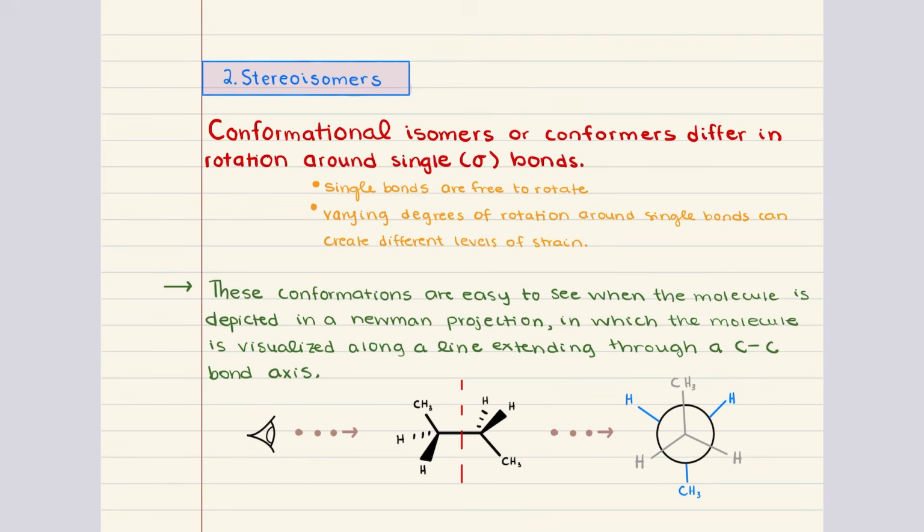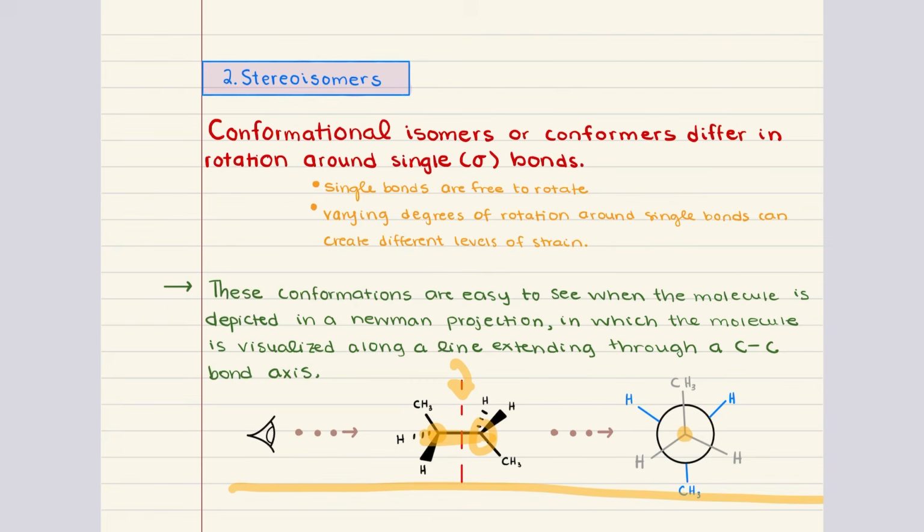A common way to visualize these conformations is through Newman projections, which allow us to look down the axis of a carbon-carbon bond. In this projection, the molecule is depicted as two sets of atoms: one set bonded to the front carbon, and another set bonded to the back carbon, with the bond between them forming the central axis.